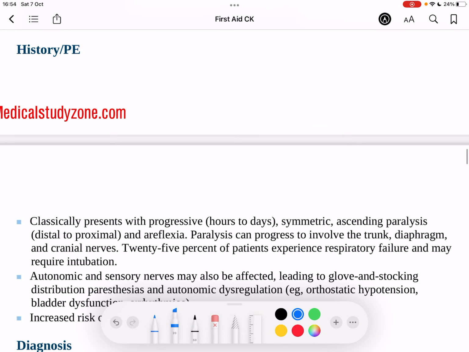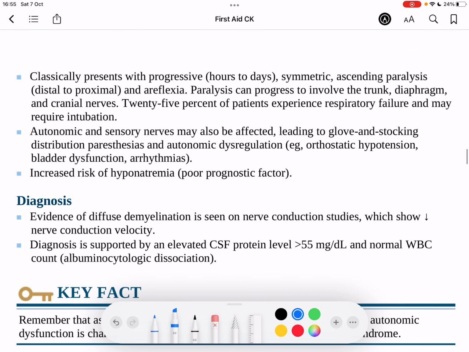So what's the history and physical examination? It classically presents with progressive, and when we say progressive we mean still acute, hours to days, symmetric ascending paralysis, distal to proximal, and areflexia. So the patient's going to lose the reflexes and it's going to be an ascending paralysis.